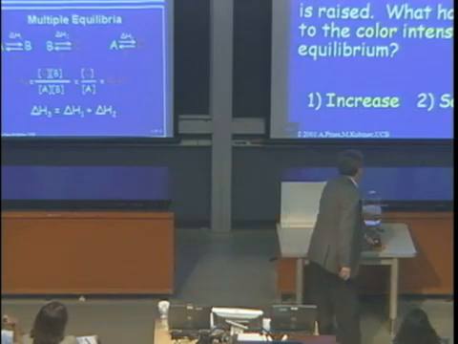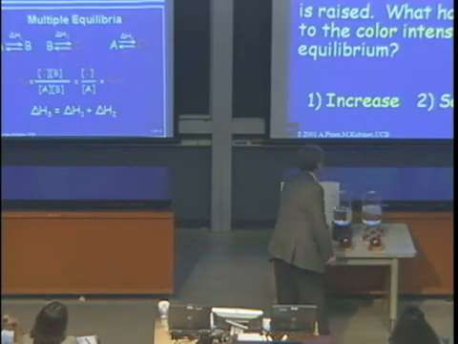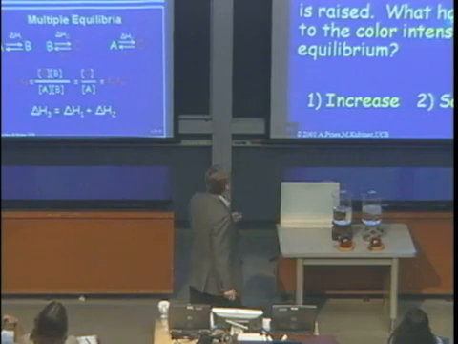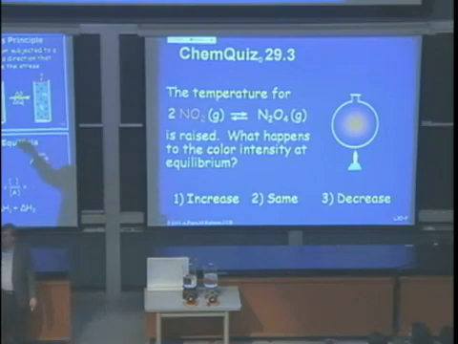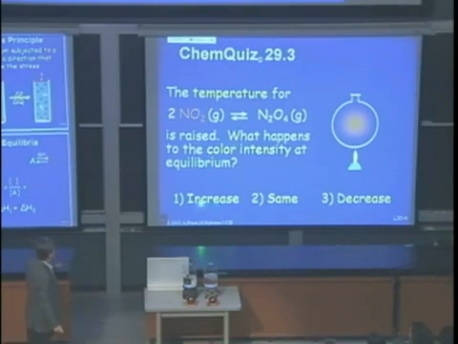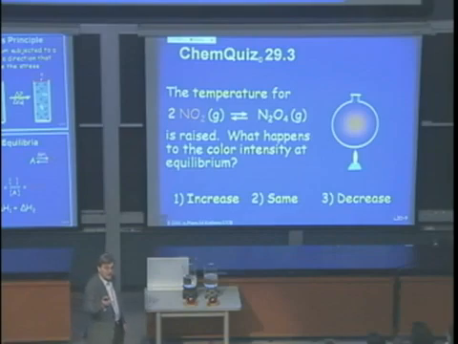So we have established that this is obviously an exothermic reaction, okay? An exothermic reaction. What happens to the color intensity if I raise the temperature and let it come back into equilibrium? Will the color intensity increase, stay the same, or decrease? That means increase, it gets browner, or it gets lighter if I increase the temperature.